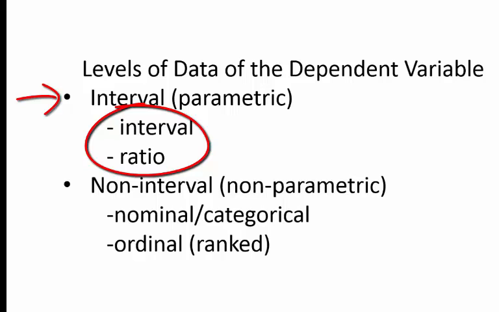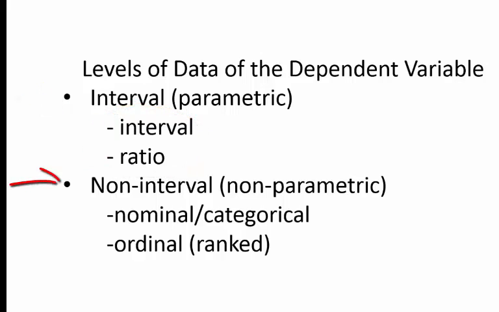You can find a mean and standard deviation for interval level data. And since all ratio data is still interval, we just refer to it as interval. But note that ratio data refers to data with an absolute zero. And all ratio data is still interval, but not all interval data are ratio.